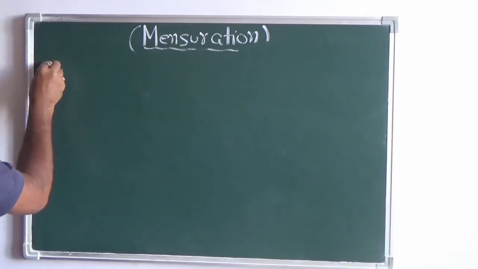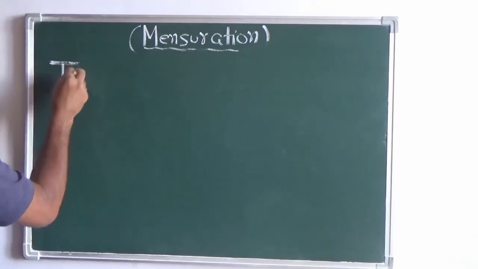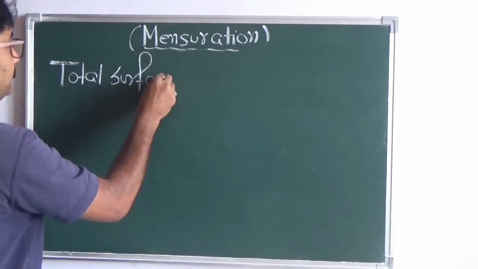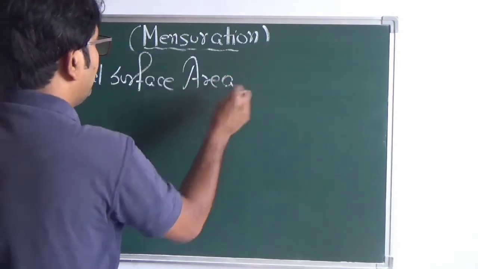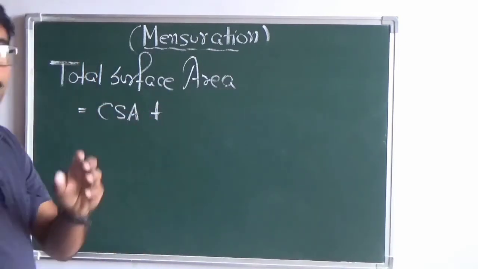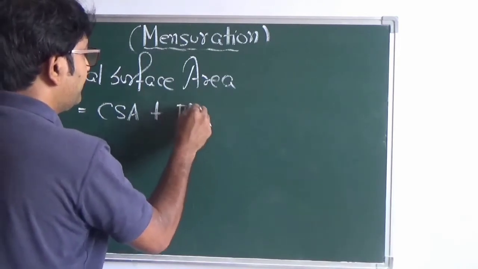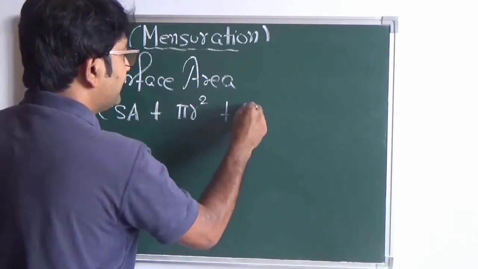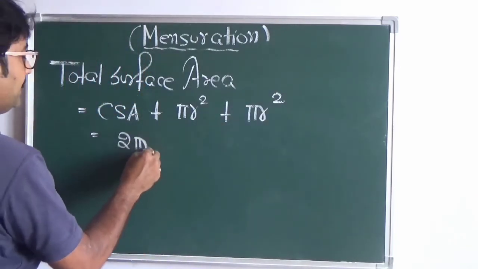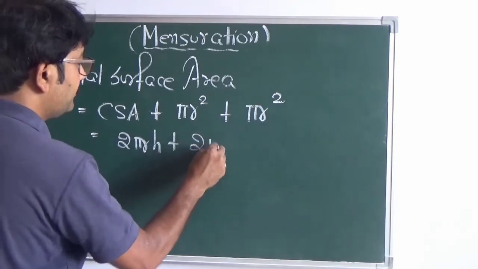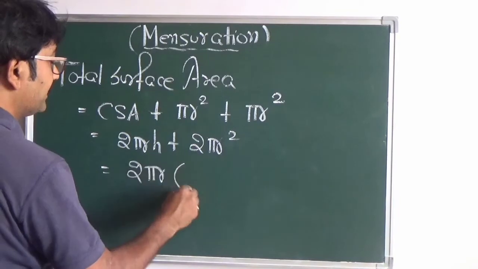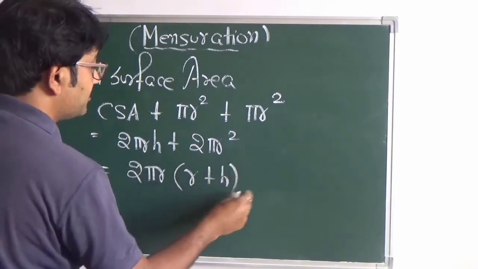So the total surface area is equal to the curved surface area plus the area of the top circular part, that is pi r square, plus the area of the bottom circular part, that is pi r square. That is 2 pi r h plus 2 pi r square, and that gives us 2 pi r times (r plus h) if you take 2 pi r common.